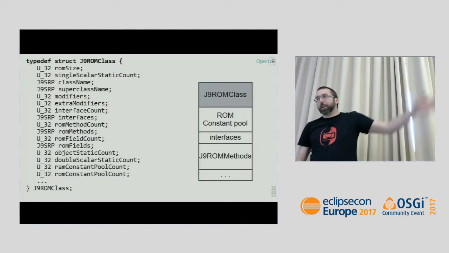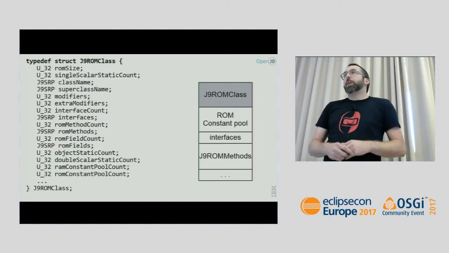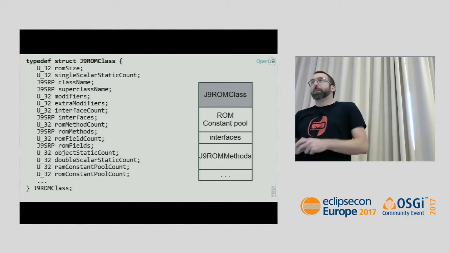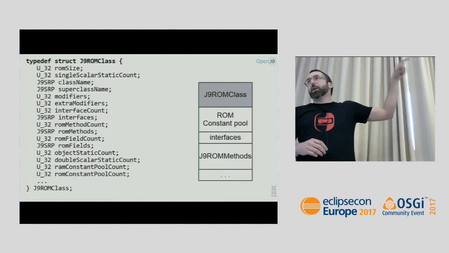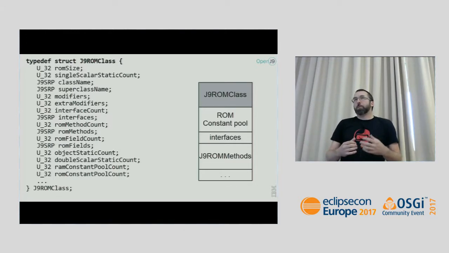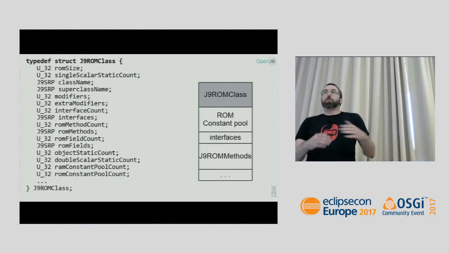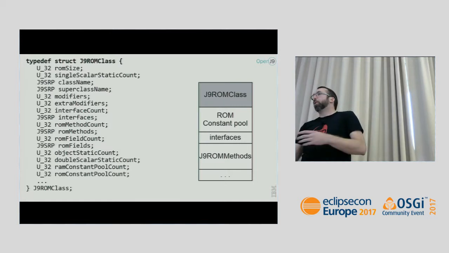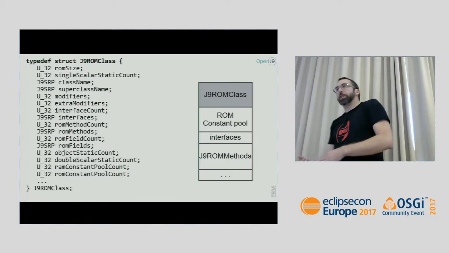So again, another structure definition. The only reason I put this one up here is so you can see it's similar in the names, but it's the J9 SRP values that are everywhere for types. It's the interesting one. In the class file, a lot of these were embedded arrays or pointers to other data at other locations.